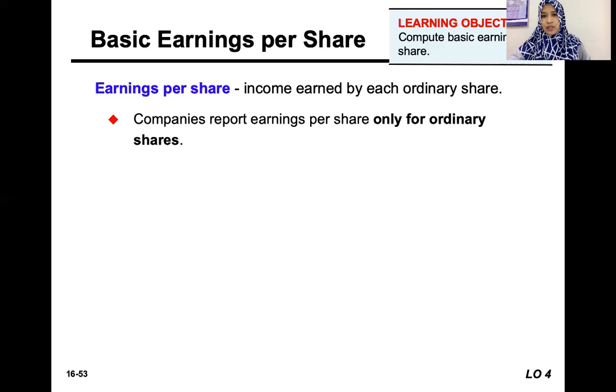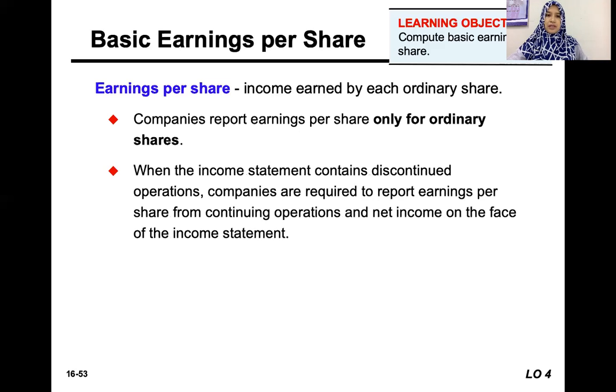We exclude the preference shares because, as we discussed, preference shares have a fixed dividend amount, so it's useless to calculate what income is supposed to be distributable for the preference shares.